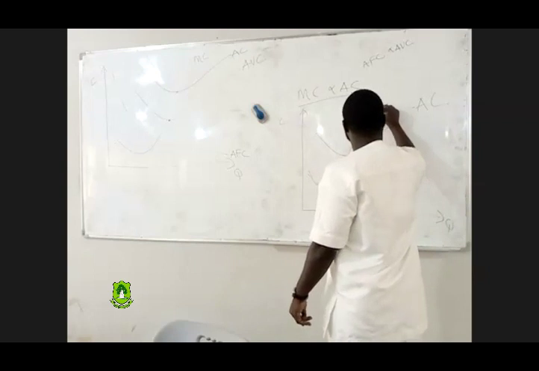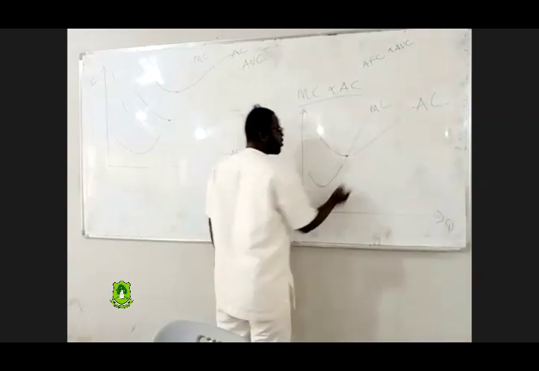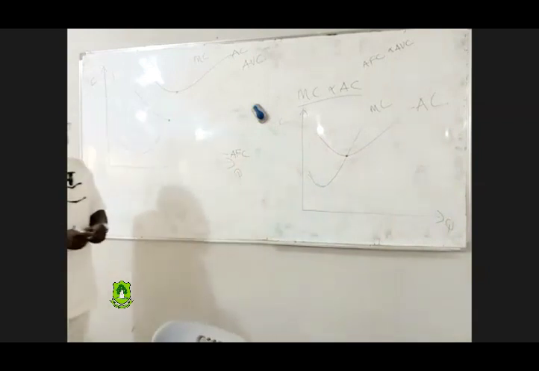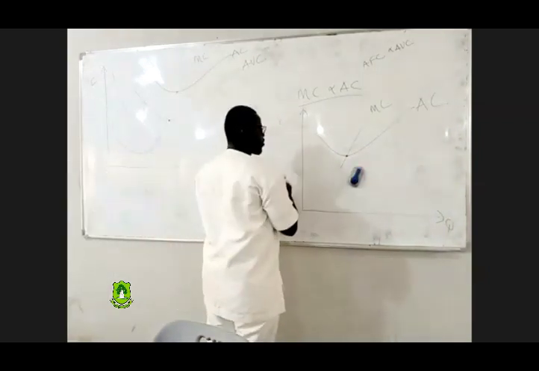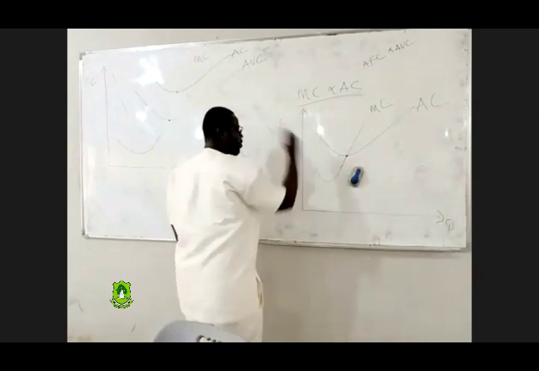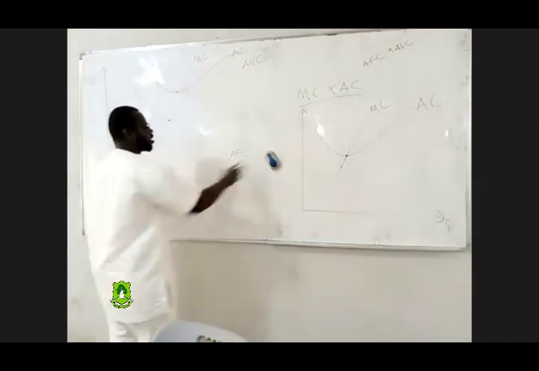So this is the marginal cost. Now let's look at the relationship between the two. As a firm, so now let's look at this relationship. So I can cancel this one.